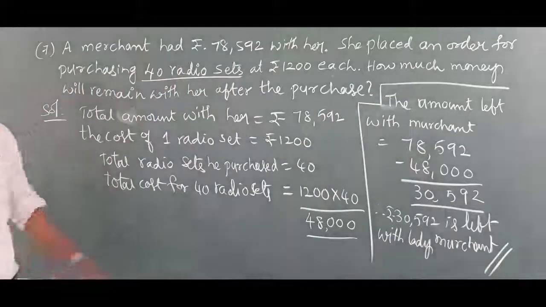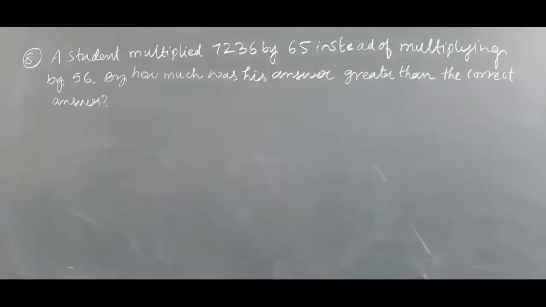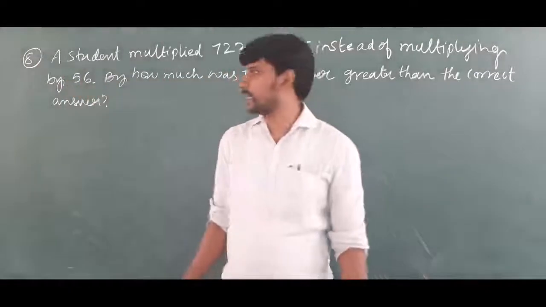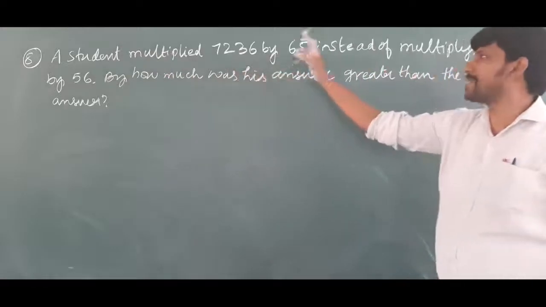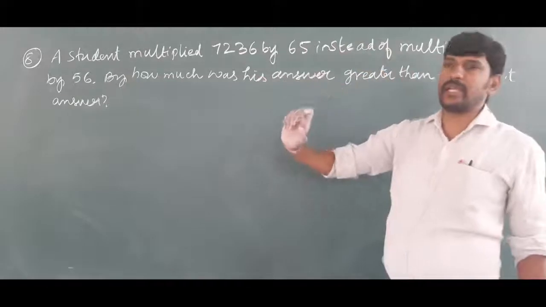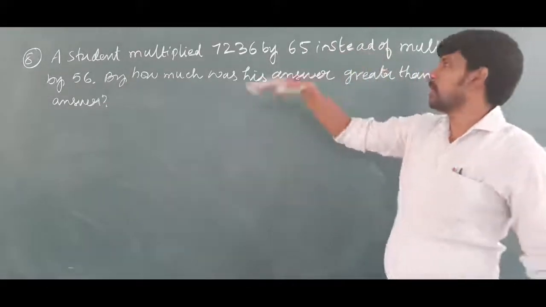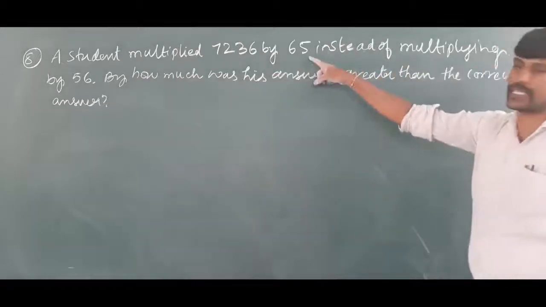Clear, children? Just copy this. Right, children. Let us discuss question number 8 here. A student multiplied 7236 by 65 instead of multiplying by 56. Actually, a student wants to multiply 7236 with 56, but mistakenly he multiplied with 65.